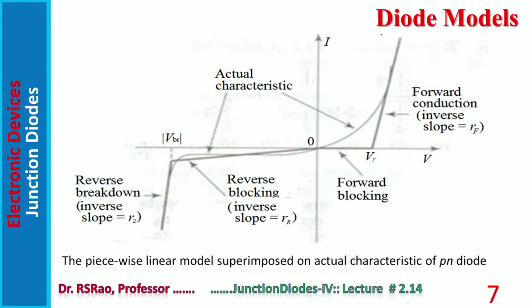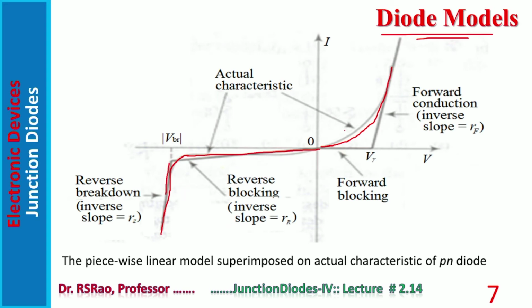Now a few points regarding diode models. V-I characteristic of the diode, we know under forward biased condition it is an exponential rise like this. Under reverse biased condition it is constant current up to a certain voltage. After breakdown there is a sudden rise in current, or fall in the characteristic like this.